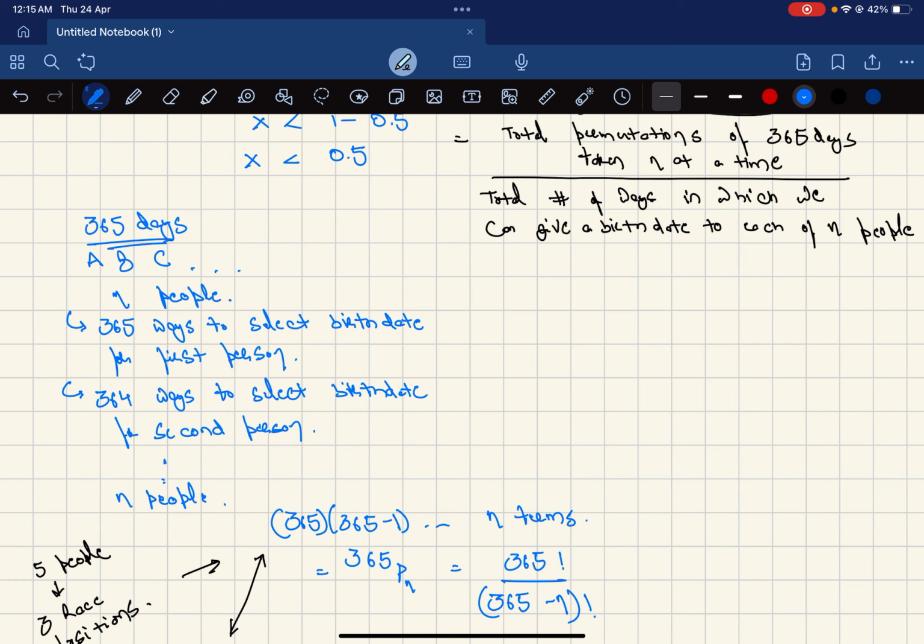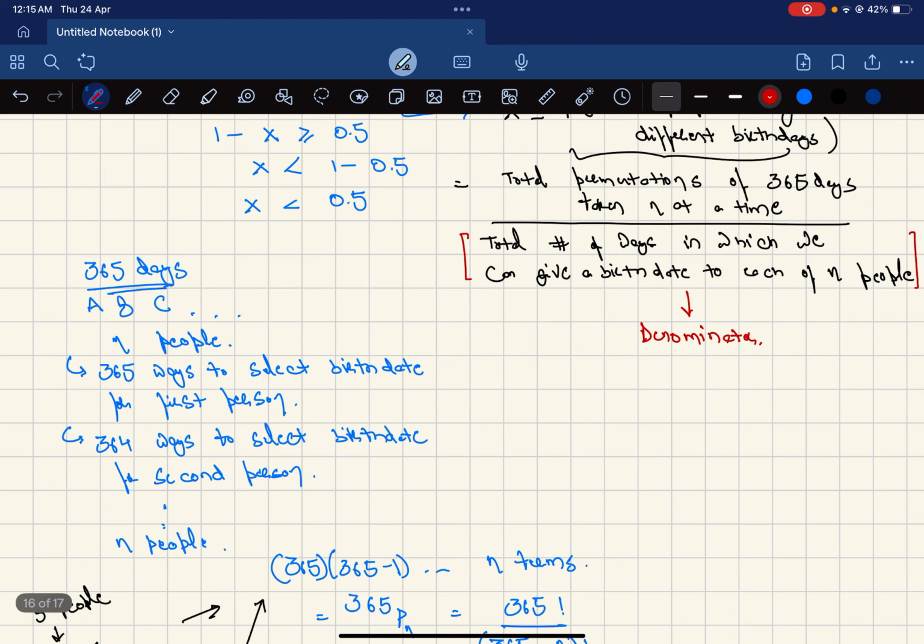Now for the denominator, in this case we don't have any restriction that each person has to have a different birthday. So there are 365 days for the first person, where we select one of the 365 days. For the second person also we have 365 days, because the second person could also have the same date as the first person, and so on.